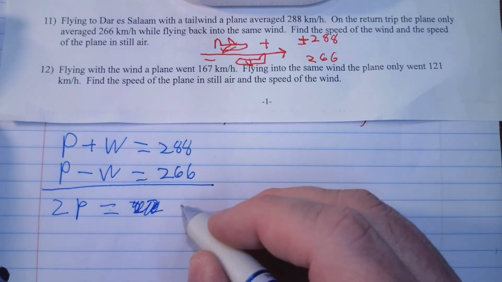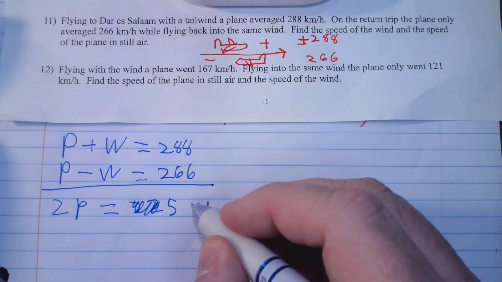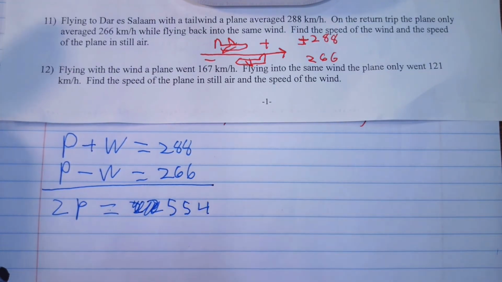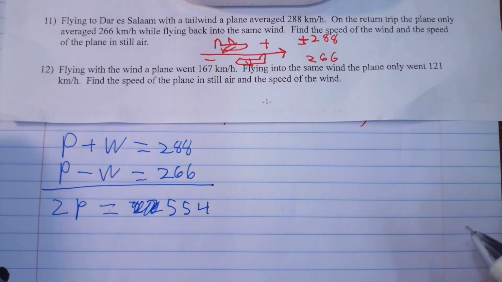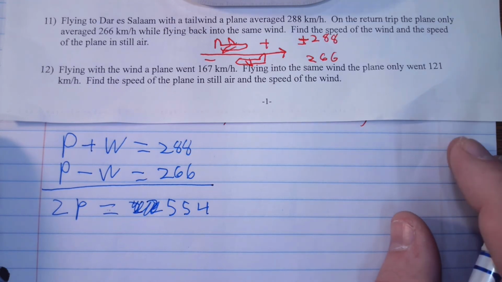288 plus 266 should be something like 5. And is that it? Is that better? Is it 554? You got calculators, tell me. Is it good? Yeah.